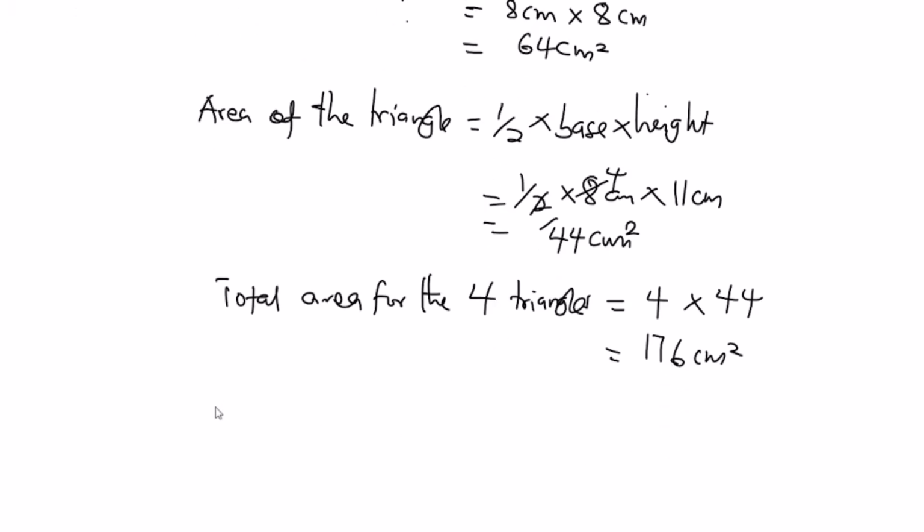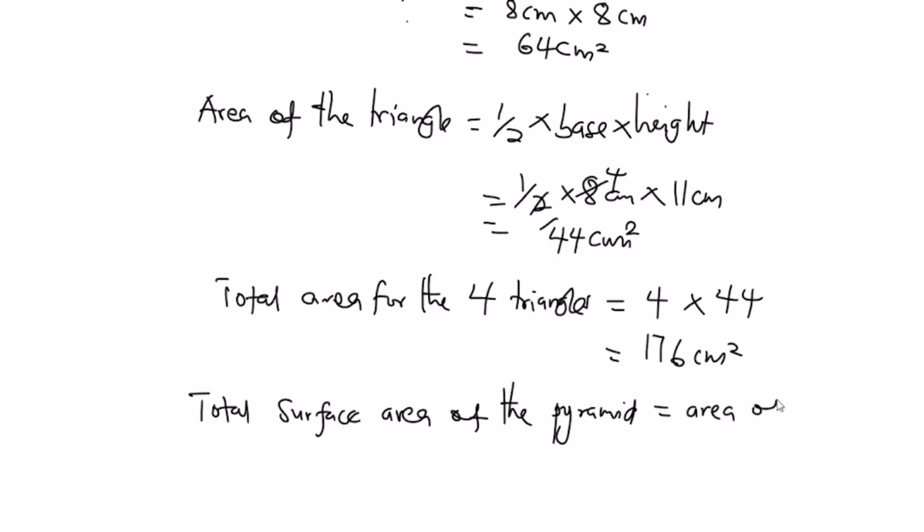Okay, so now the entire total surface area of the pyramid. The total surface area of the pyramid is a combination of the area of the 4 faces and that of a square. So area of the square plus area of the 4 triangular faces.